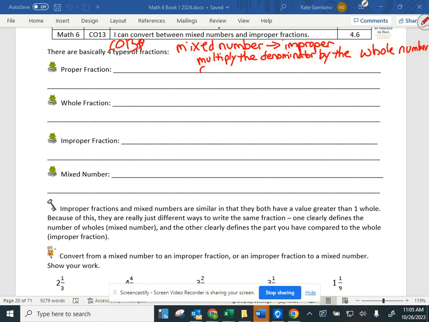And then you add the numerator to it. So remember, we multiply the denominator by the whole, and then we add.